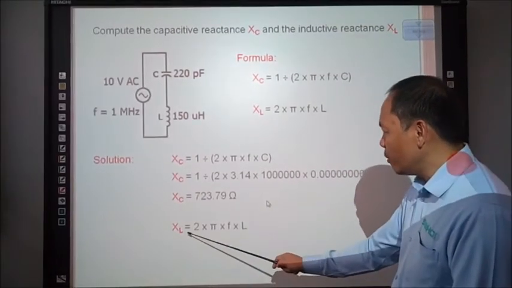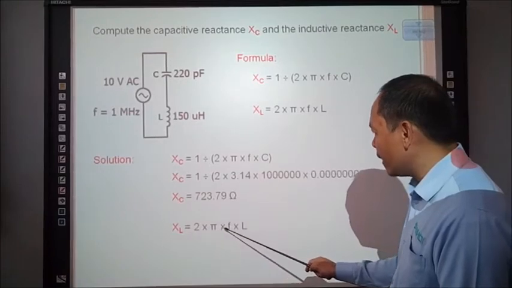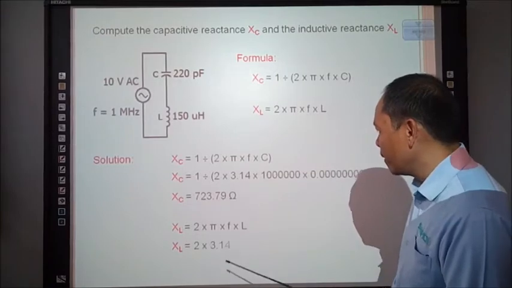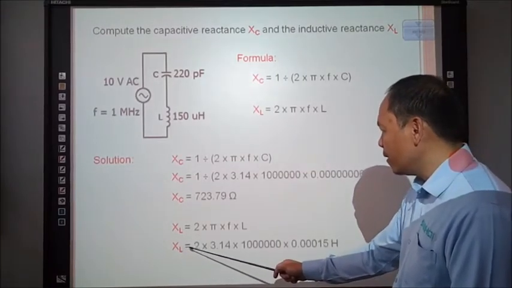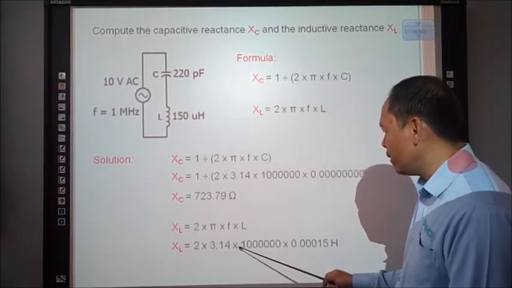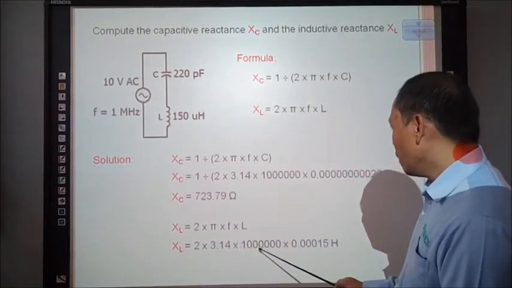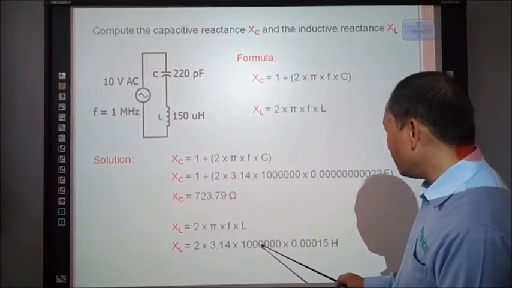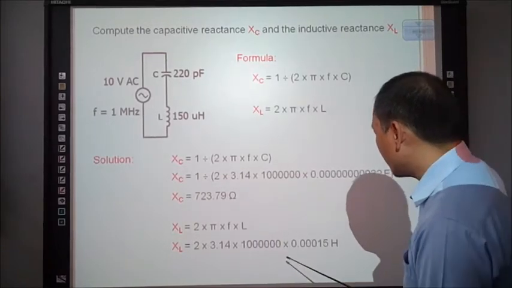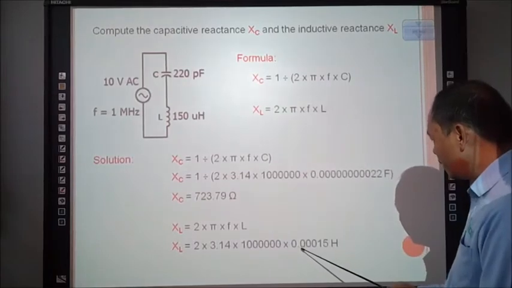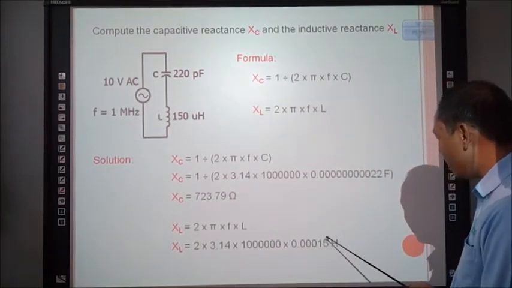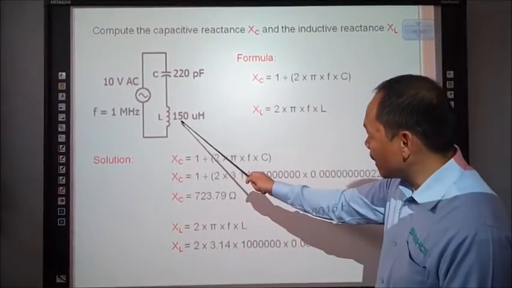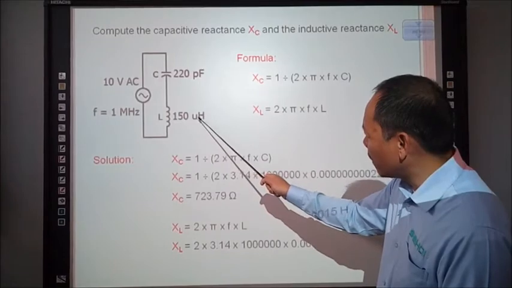So the XL formula is equal to 2 times pi times F times L. Substitute the values of pi, F, and L. So your XL is equal to 2 times 3.14 times 1 megahertz times 0.00015 henry, and this is the inductance. As you can see here, this is 150 microhenry.